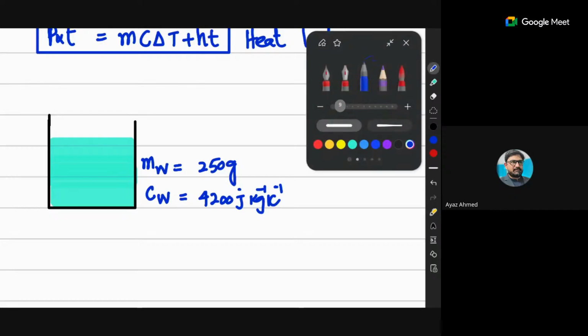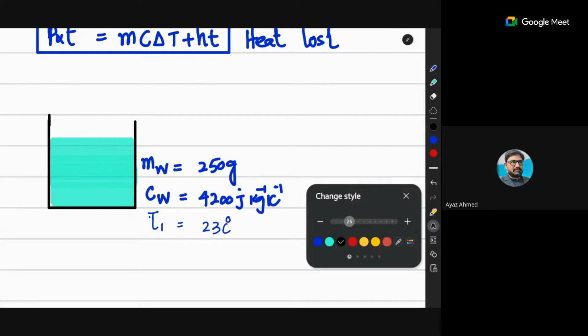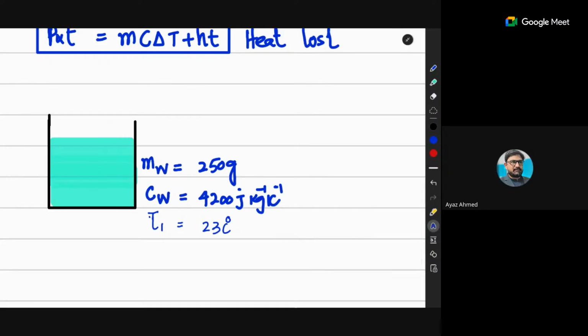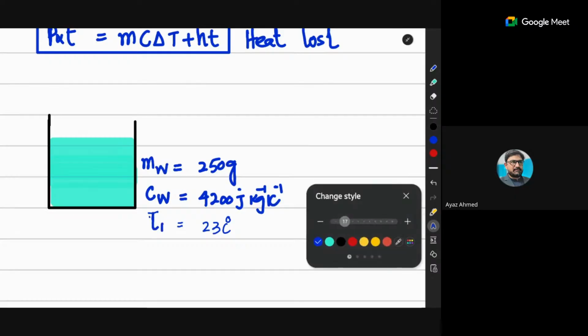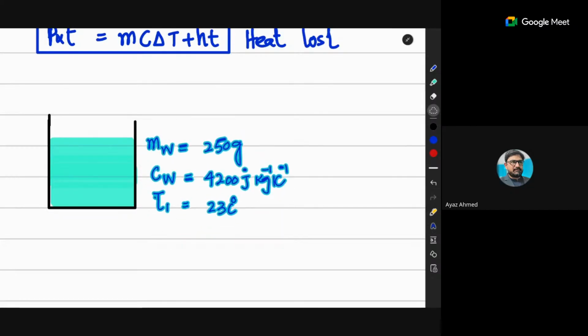If you are asked about something, the rest of the information will be given to you. The initial temperature of the water is 23 degrees centigrade, which is the room temperature. Is this clear to everyone? These are the properties of the water.